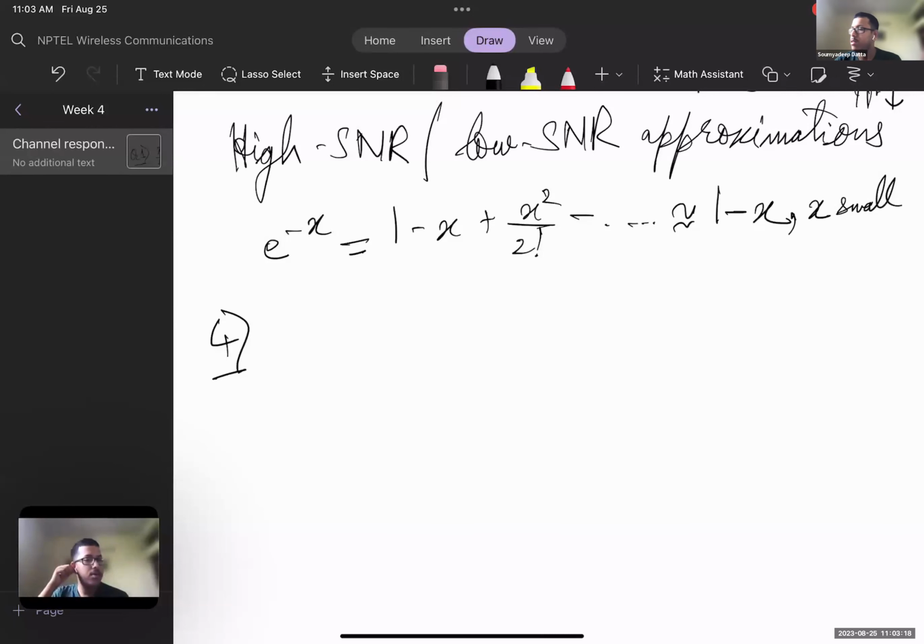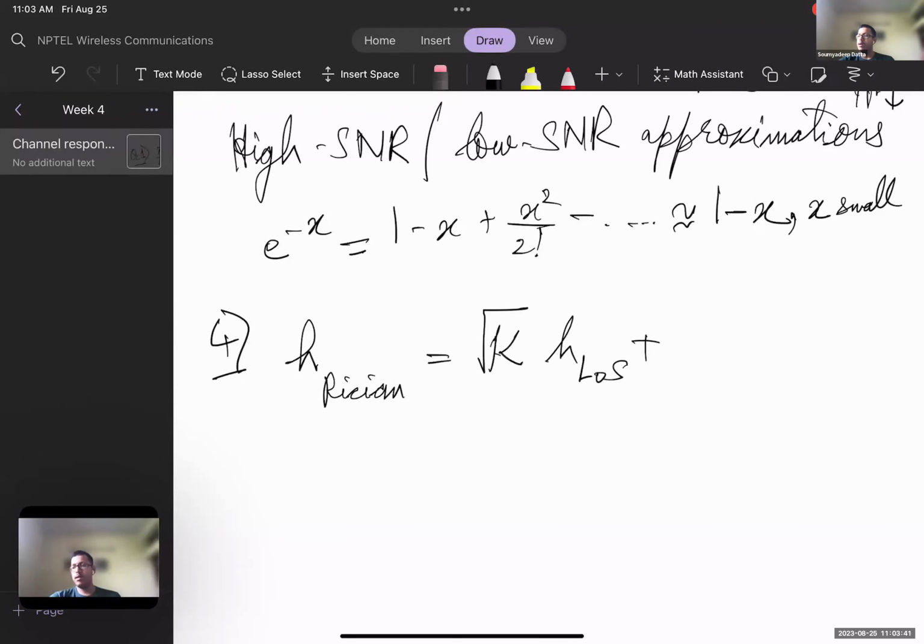So how does a Rician channel look? The way it is modeled, you have some kind of factor, root over kappa, let's say, times the line of sight component of the channel, plus... sorry, it's not like this, it's something like root over kappa by 1 plus kappa.